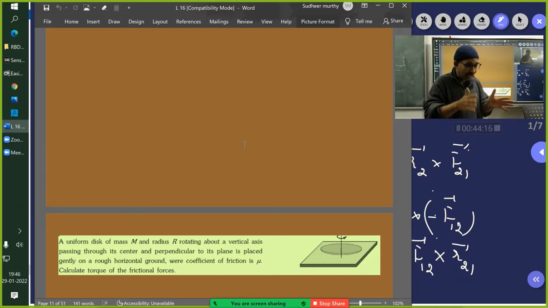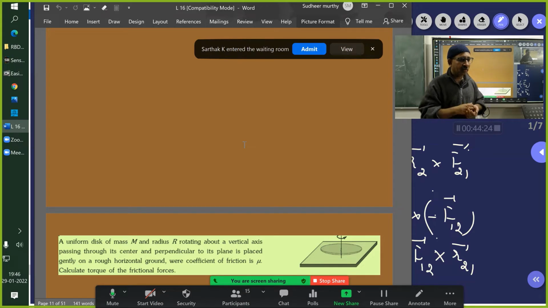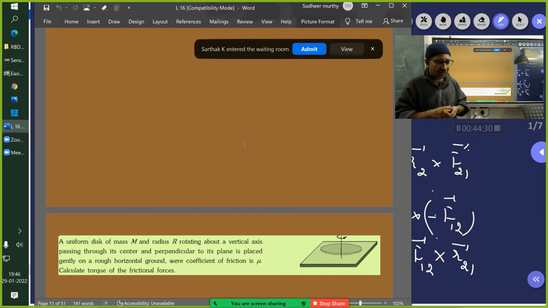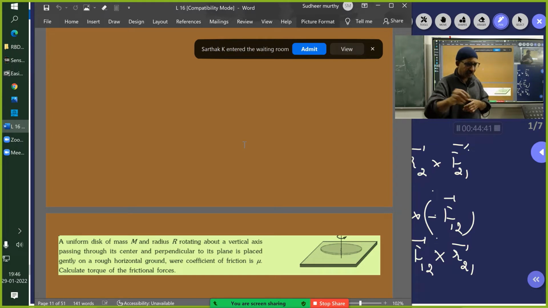Mu s is when the body is at rest with respect to the reference ground. You will use mu s just about to move. Particles on the disc, sir, when it's rotating, when it comes in contact with the ground, there are different particles, different points coming. So for the condition of rolling also, sir, we use mu s?